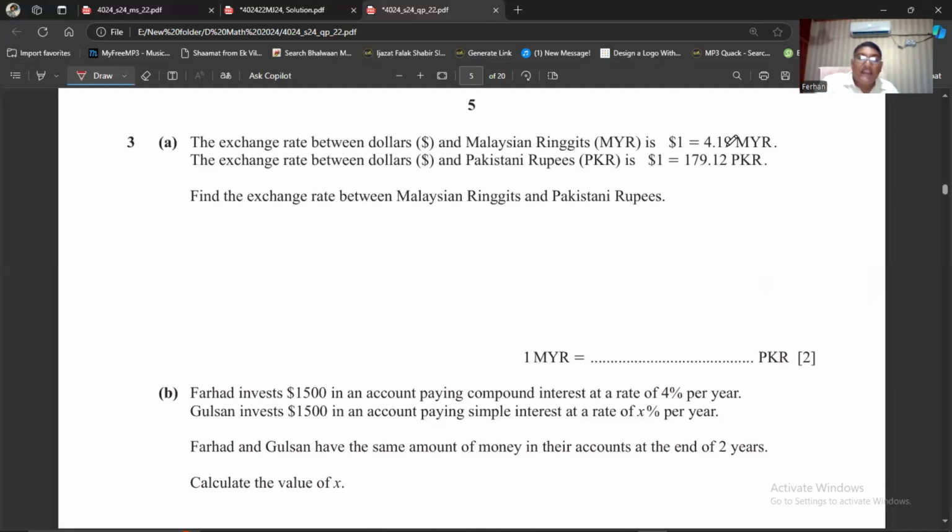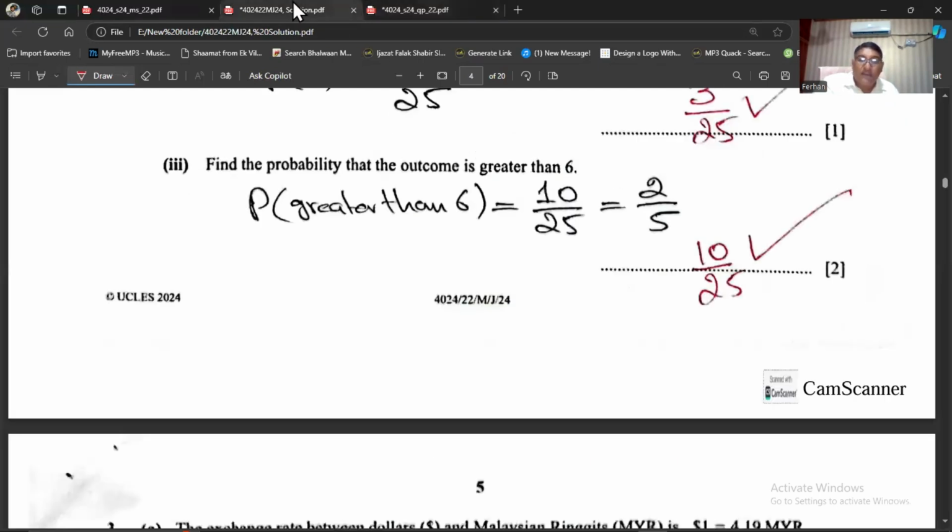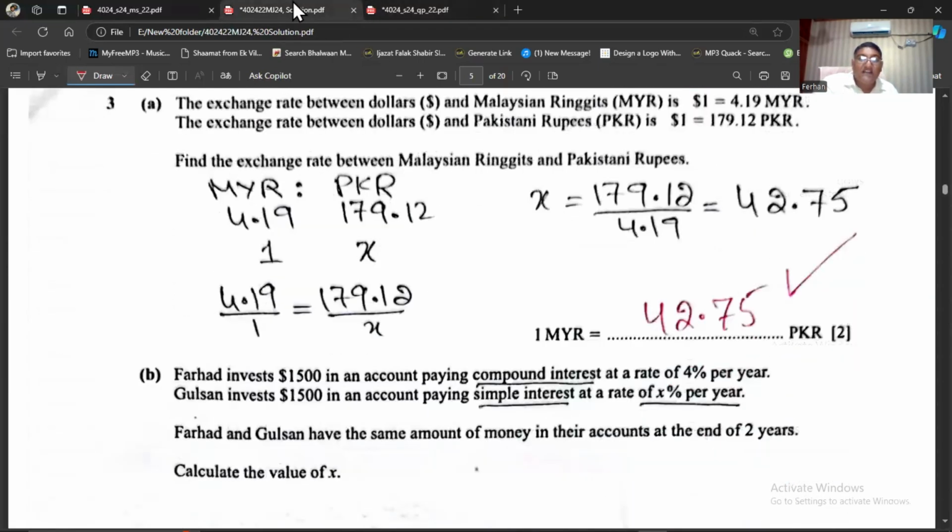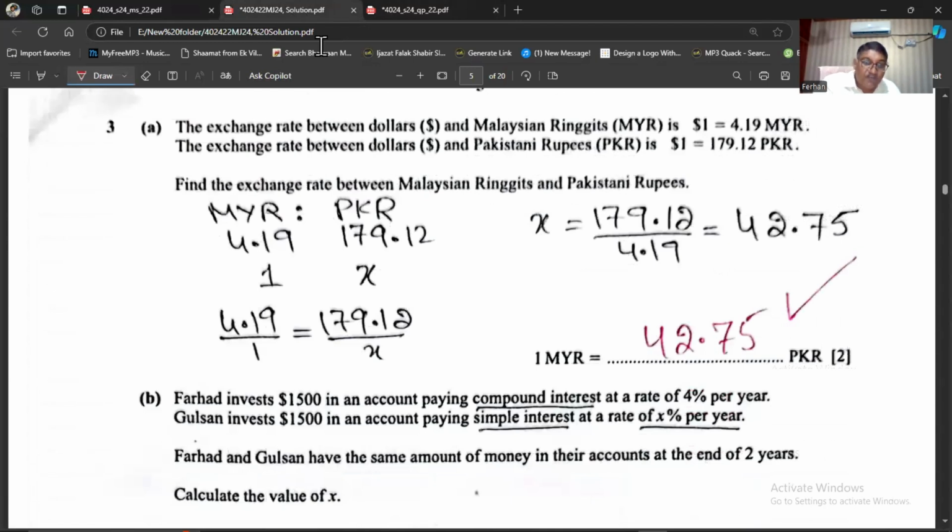So I will find if I have 1 million ringgit, how many Pakistani rupees I will get. The method is of the proportion. You don't have to write this thing, okay? Don't write this. And what I will do, Malaysian ringgit and PKR, you put these two dots, this is proportion. So when you have 4.19, the PKR will be 179.12.